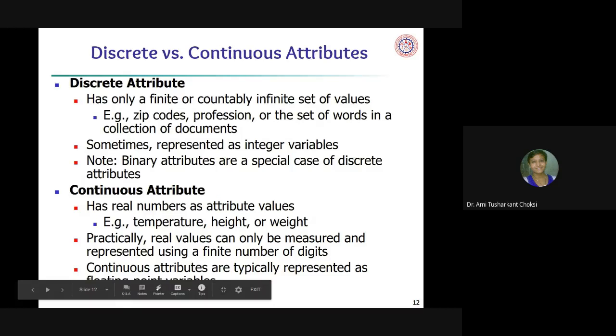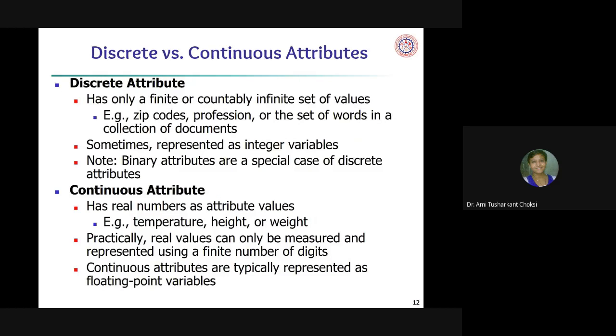Next is discrete versus continuous attributes. So what are they? A discrete attribute has only a finite or countably infinite set of values.